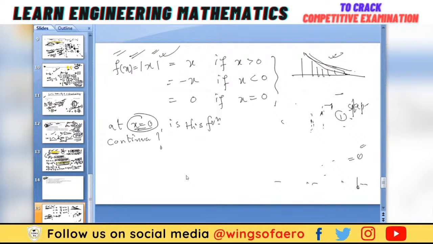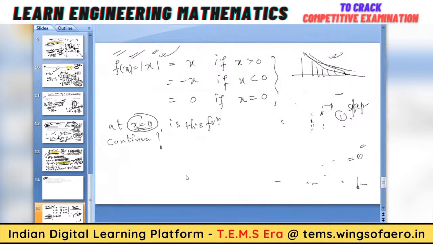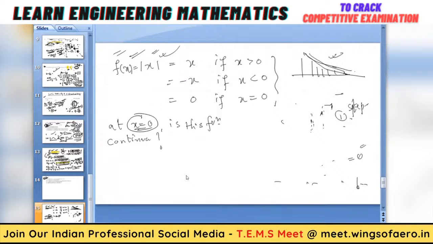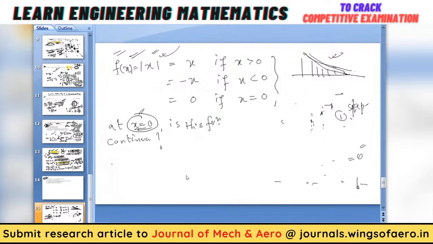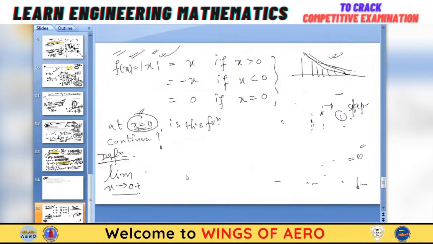You have to check at a single point at a time. You can check more than one point, but separately. So I am putting x equal to 0. The definition is the limit as x tends to 0 plus. This is called the right hand limit of f(x).